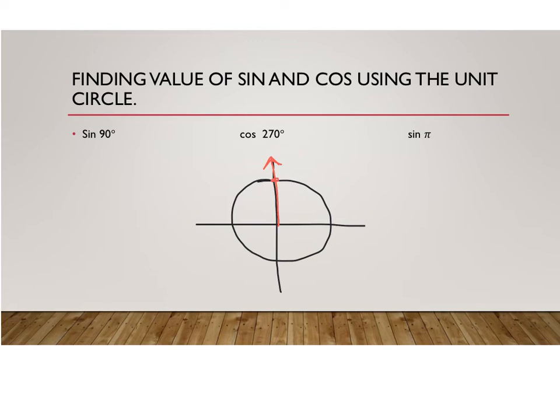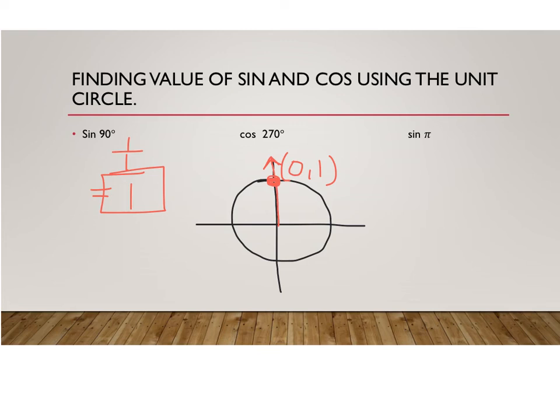Where that angle crosses this unit circle, it would be at the point 0, 1. And then remember the radius is 1. So sine from our definition before is y over r, which would be 1 over 1. And as we talked about, on the unit circle it's just basically the y coordinate. So the sine of 90 would be 1. You can check that on your calculators. Just type in sine of 90 if you're in degree mode. It should give you 1.